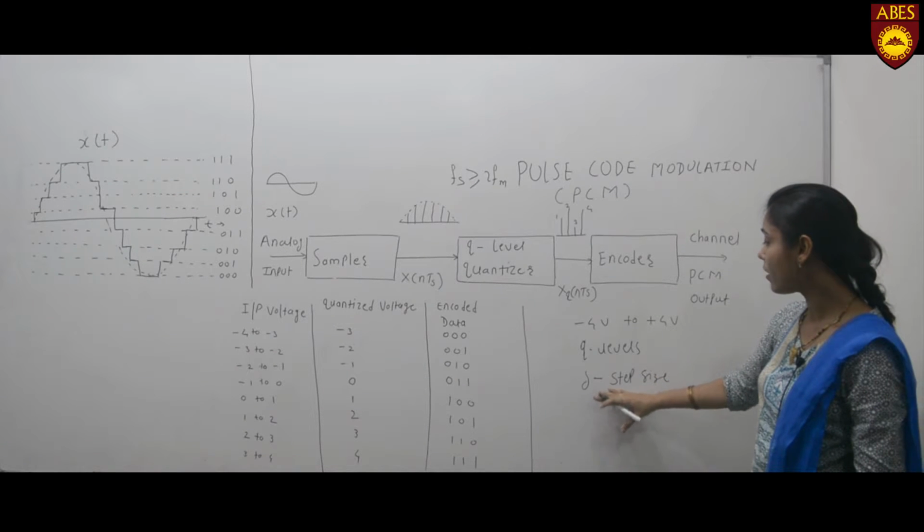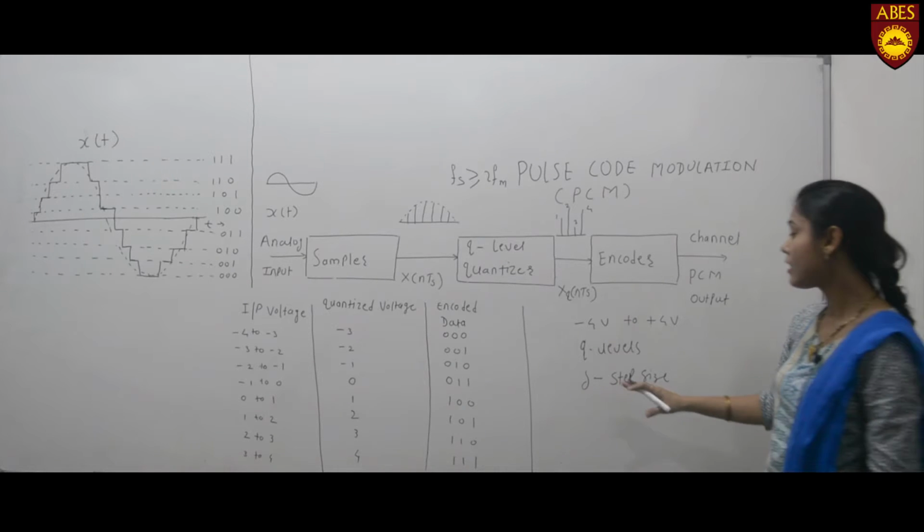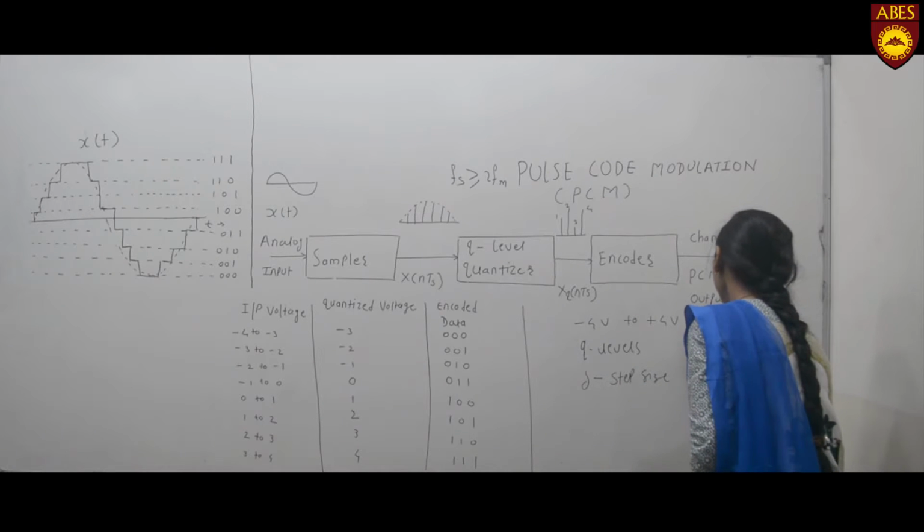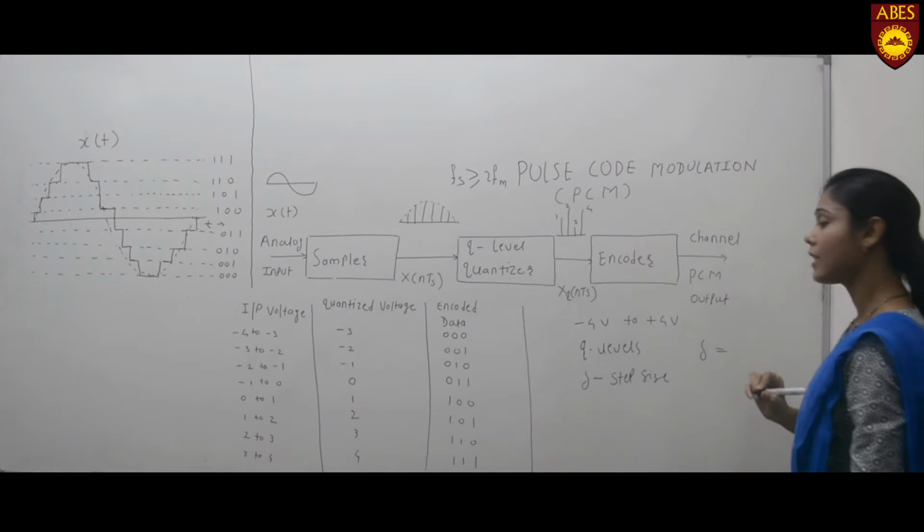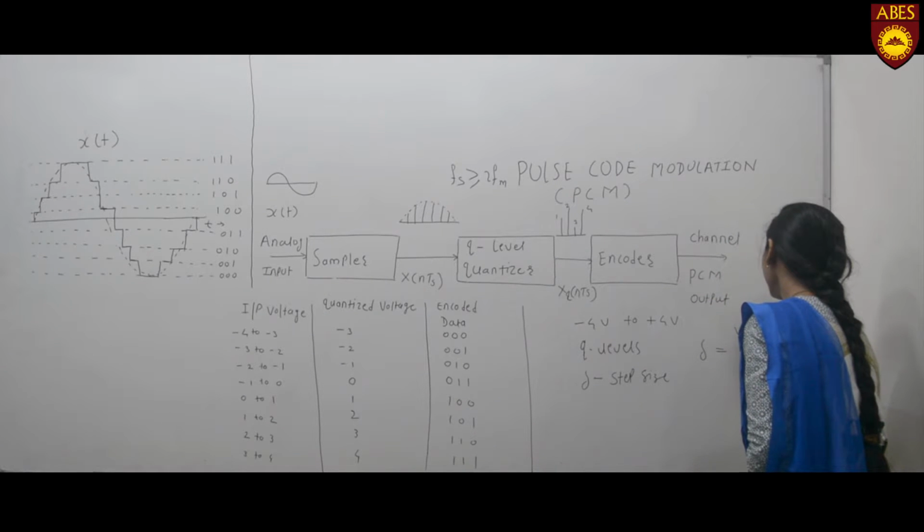This step size is the difference between two consecutive quantization levels. And how is this step size decided? It is decided by using a formula.